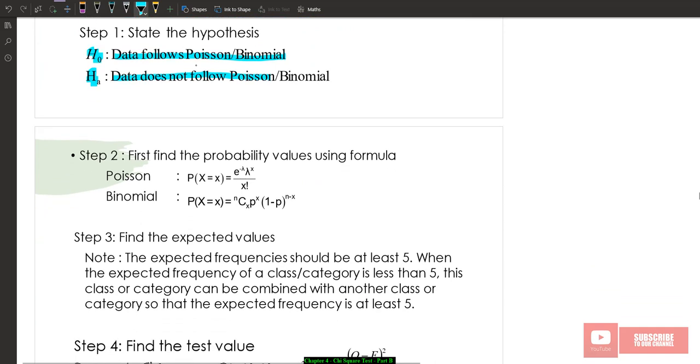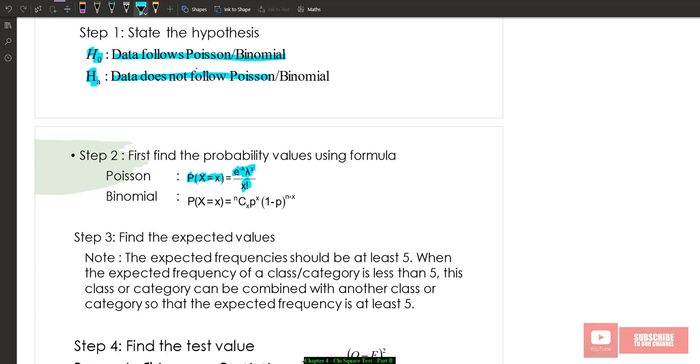So the second step is we need to find the probability value using the formula from the distribution. For example, if you are using Poisson distribution, the probability of x should be equal to exponential of negative lambda multiplied with lambda to the power of x divided by x factorial. And the same goes for binomial.